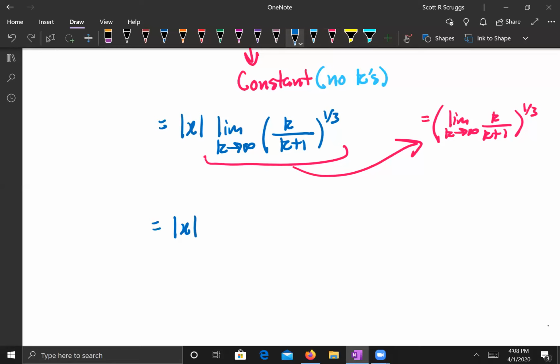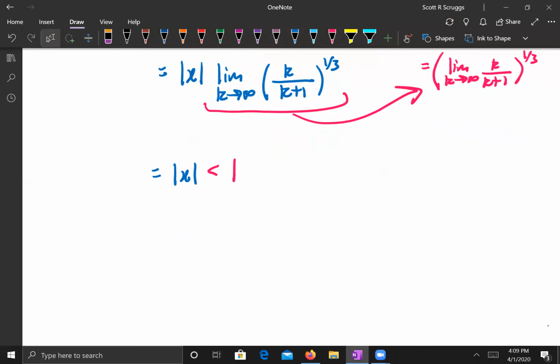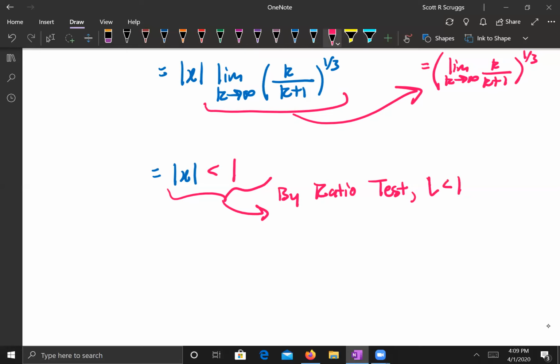All right. And so now here's the fact why I want to use the ratio test. I'm now going to put less than or equal to 1. And the reason why I want to use less than or equal to 1 is because we know back in chapter 10, by the ratio test, that L that we defined earlier, the way to have a convergent series is if we set that less than 1.